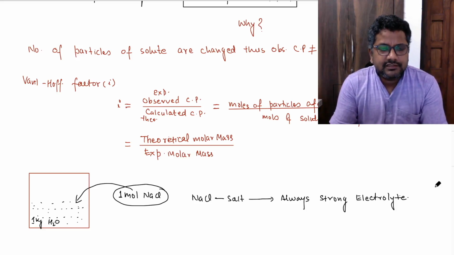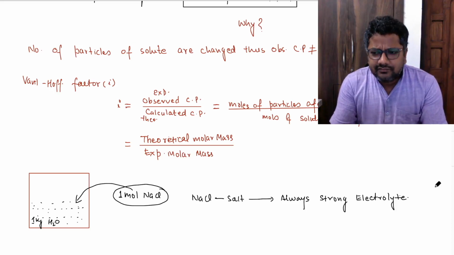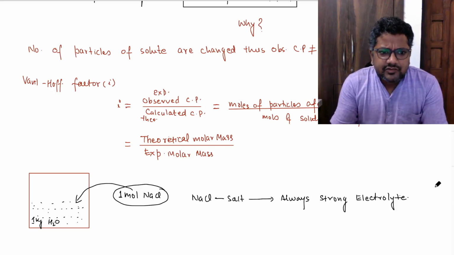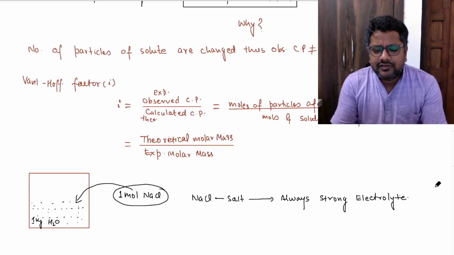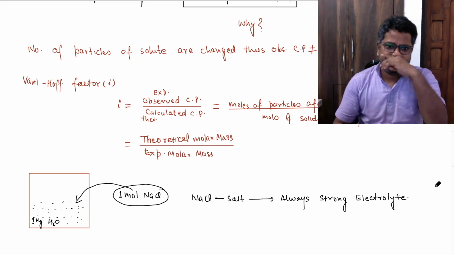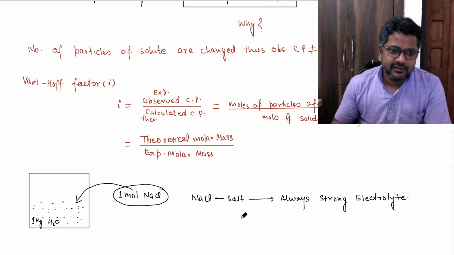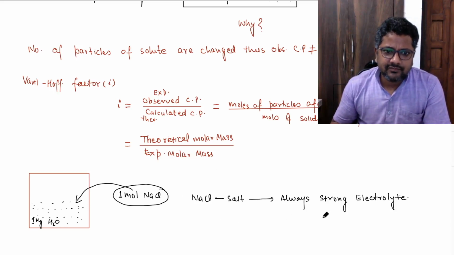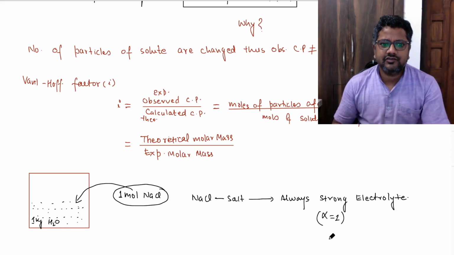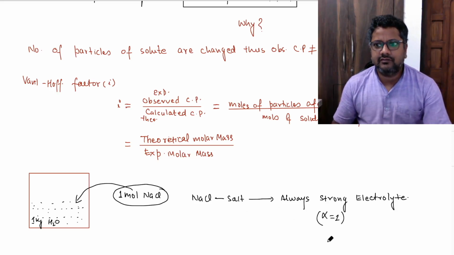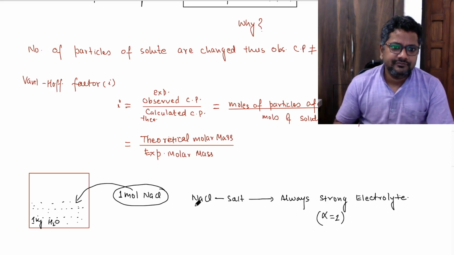If the examiner has given you that the salt is not fully dissociated, then you have to consider that. But naturally, all salts are strong electrolytes, always. Strong electrolytes means alpha is equal to 1, the degree of dissociation for them is always equal to 1.